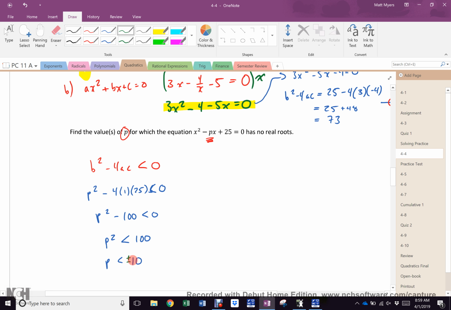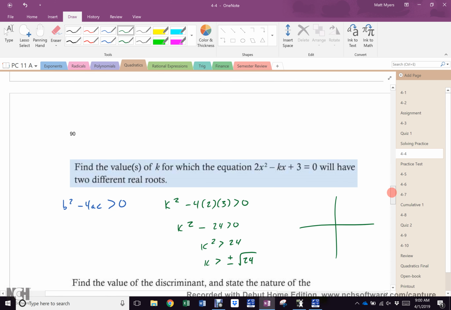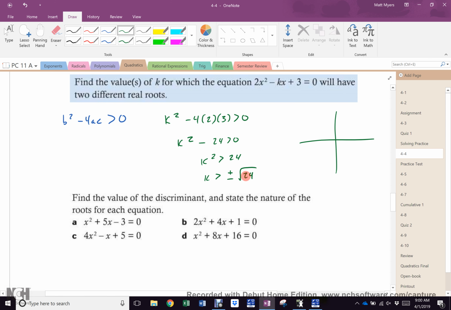So, in this one, there's 0, there's positive 10, there's negative 10. All of these values. Everybody cool? What makes this one different? What's the root of 24 approximately? It's a little less than 5, right?